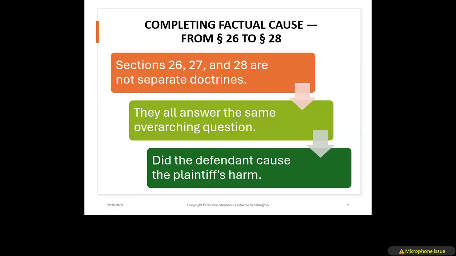Now, understand, please, sections 26, 27, and 28 of the Third Restatement of Torts are not separate doctrines. One doctrine, but for causation. Sections 26, 27, and 28 are one doctrine. Okay? They answer the same overarching question.